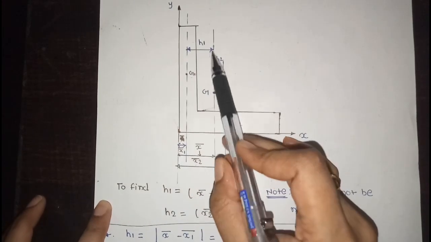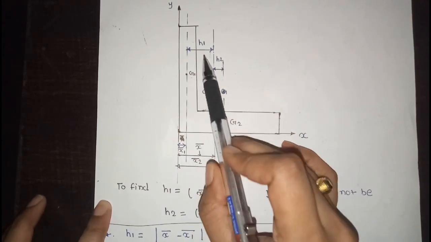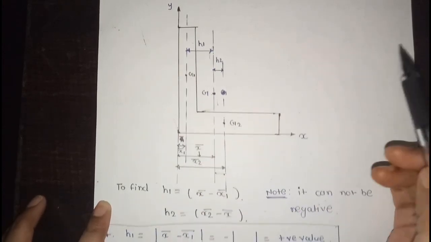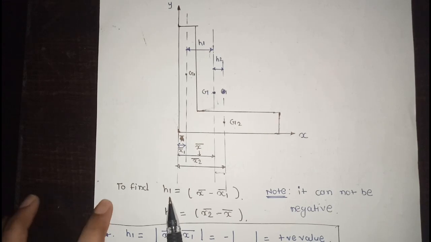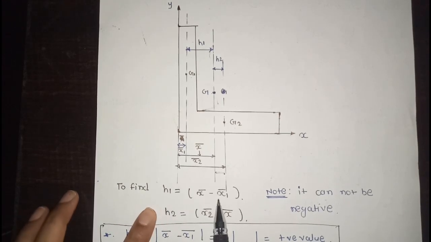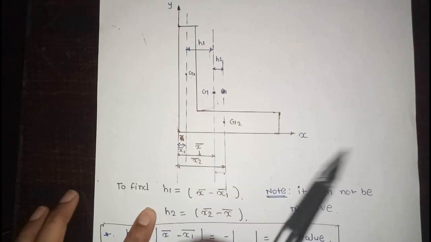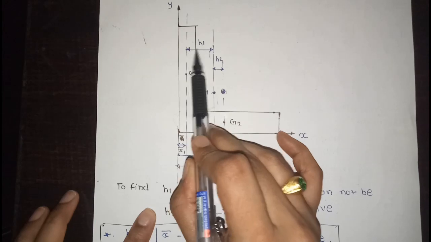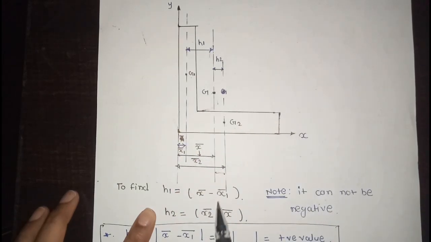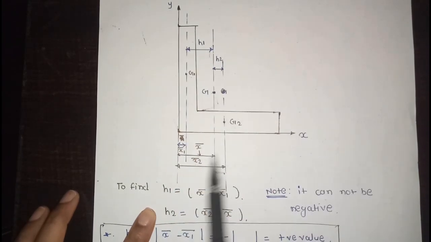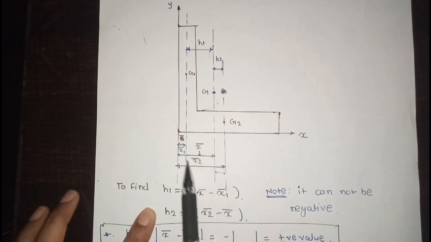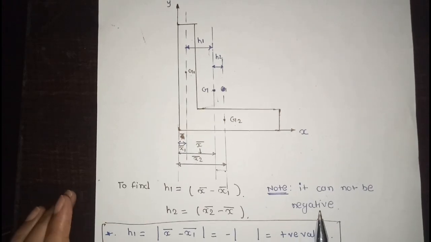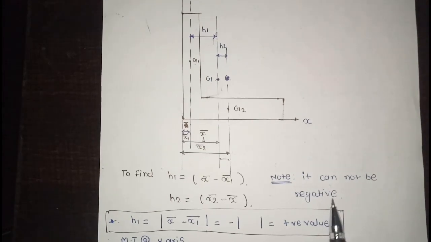And h1 means the distance from point G to G1 and h2 the distance from point G to G2. First of all, calculate h1. h1 is x bar minus x1 bar, then we get h1. h2 is equal to x2 bar minus x bar, then we get this distance. Okay, it cannot be negative.